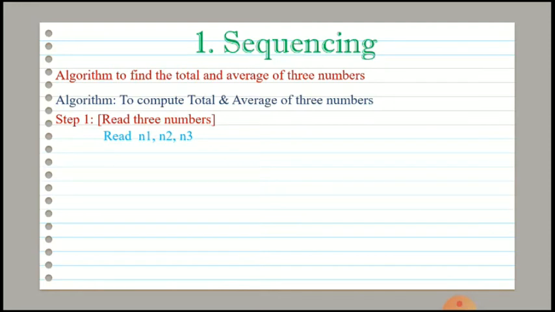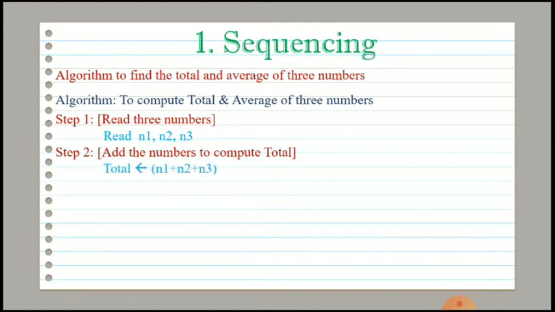After taking three inputs, we have to process that input. So in step 2, we will calculate the total of three numbers, and that result will be stored in total. The statement will be total equal to n1 plus n2 plus n3.